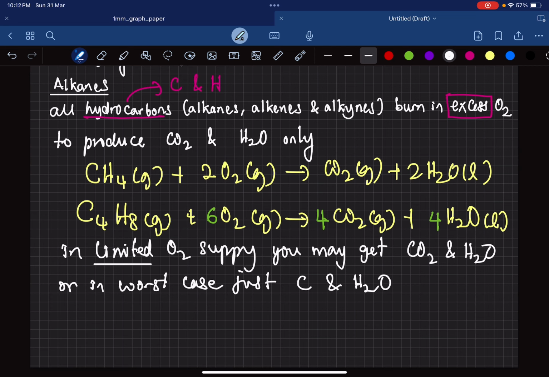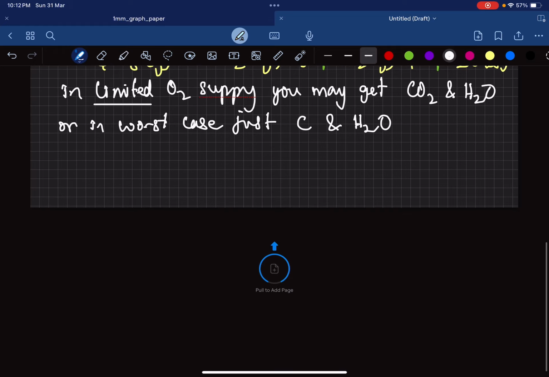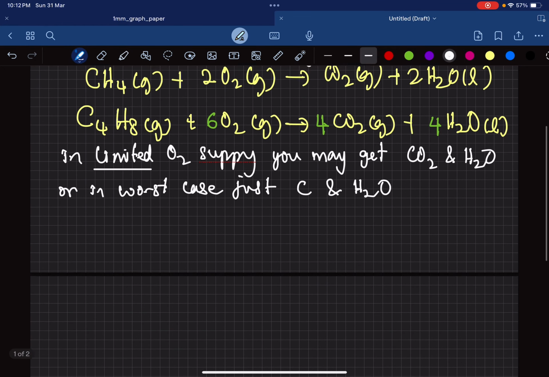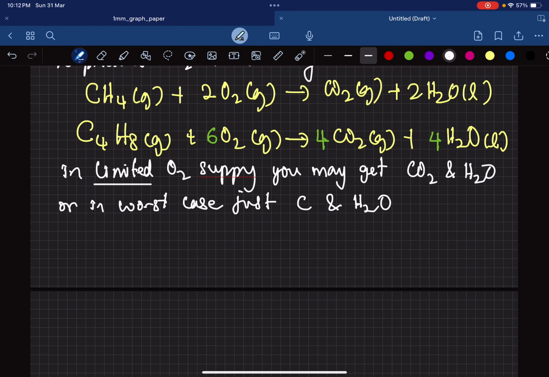So the question will prompt you whether it's in excess oxygen or not. Let's say the same reaction as just now, but this time methane, and oxygen is insufficient. The question will tell you oxygen is insufficient, and then your choice is either carbon monoxide, you can do this, and you can put water.